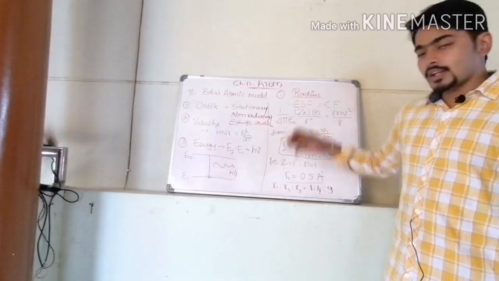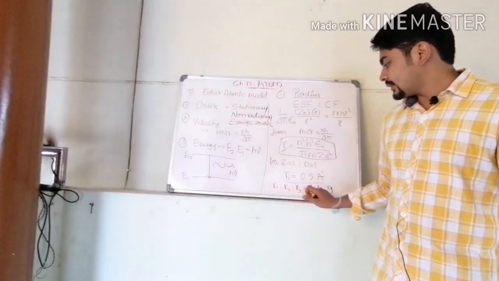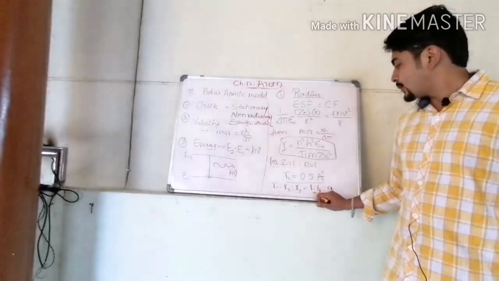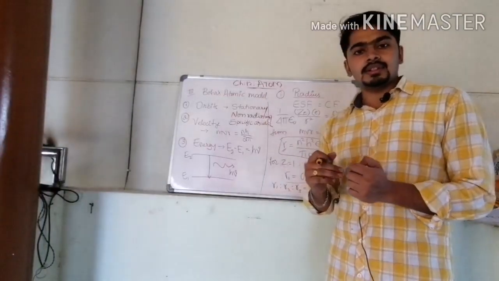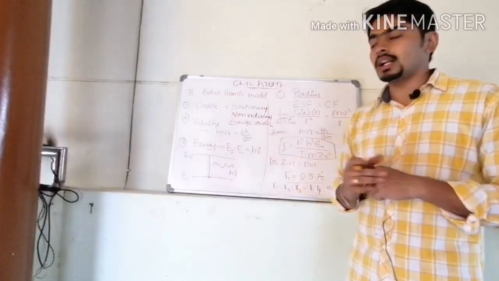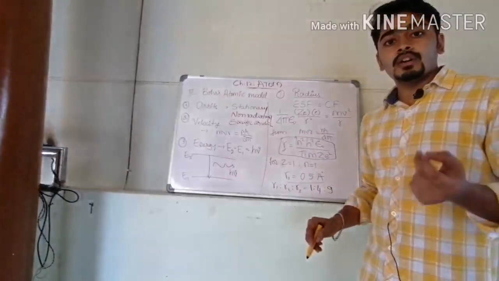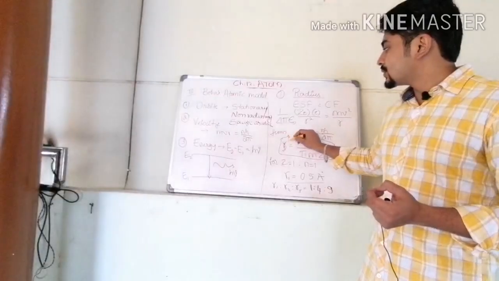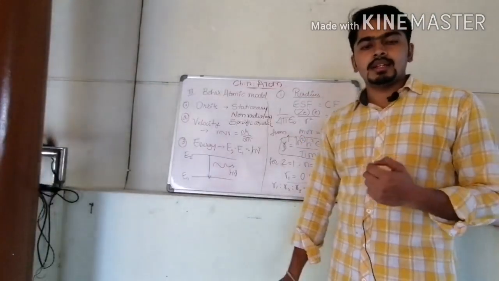Similarly, if I go on calculating the radius of different orbits, R1 is to R2 is to R3 gives 1 is to 4 is to 9, meaning the radius goes on increasing. That is the main thing we have to consider: as the number of the orbit increases, the radius also increases with a power.